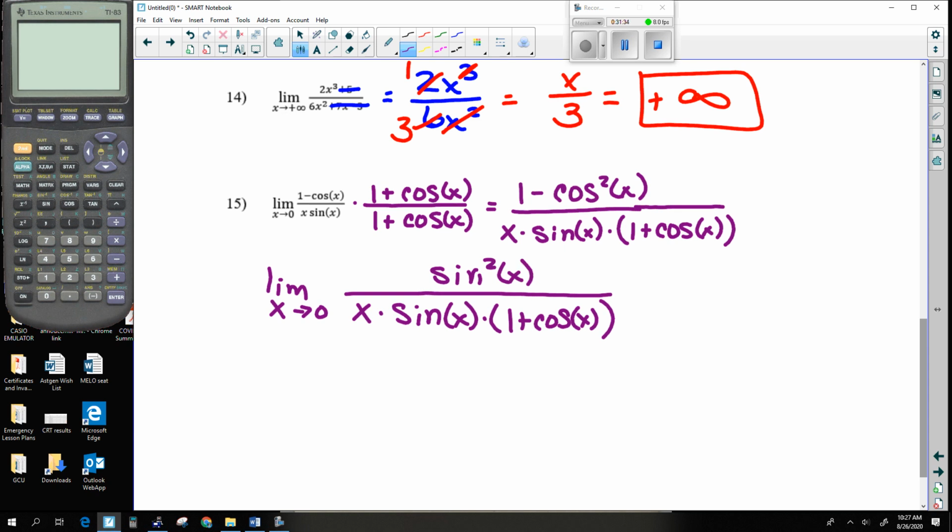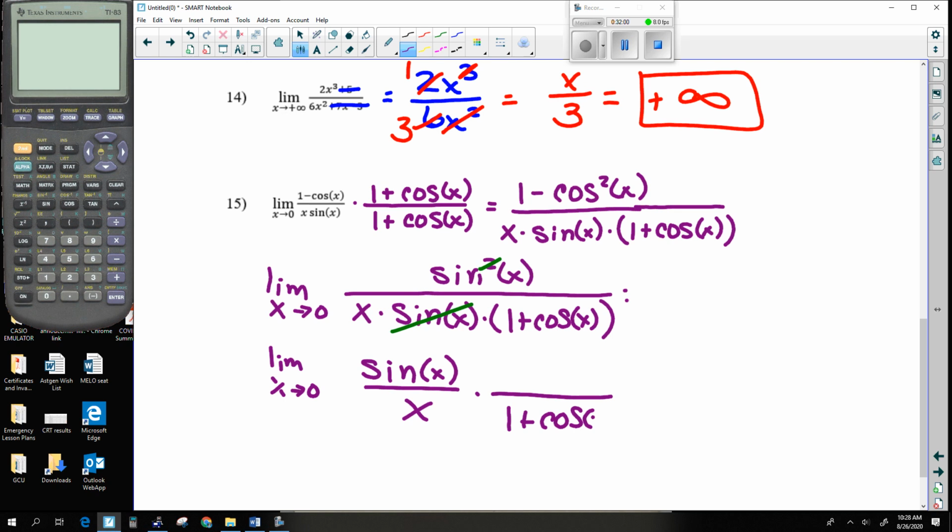Okay, so I see one obvious cancellation right here. A sine is going to eliminate one of those sines. And what I have left is, in essence, again, I'll start one more line, I have sine x over x, so that's going to be 1 times 1 plus cosine x on the denominator.